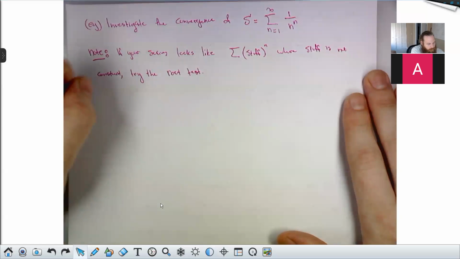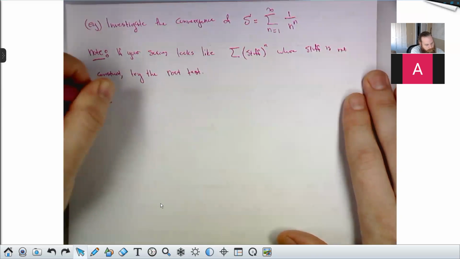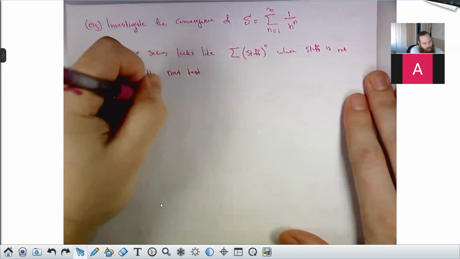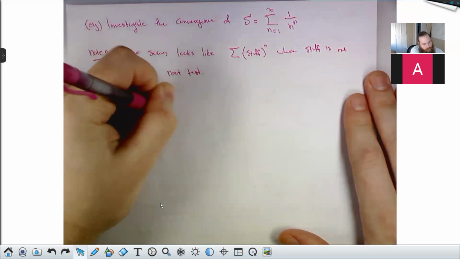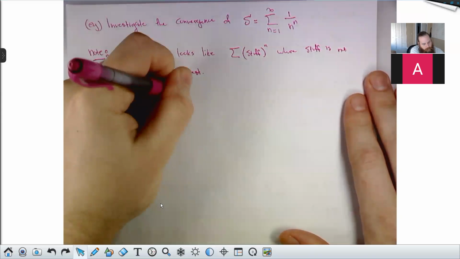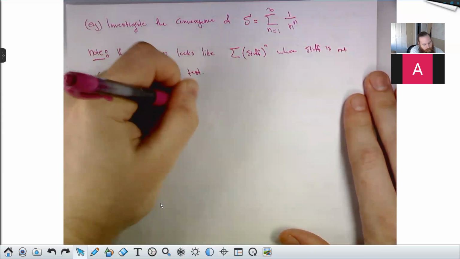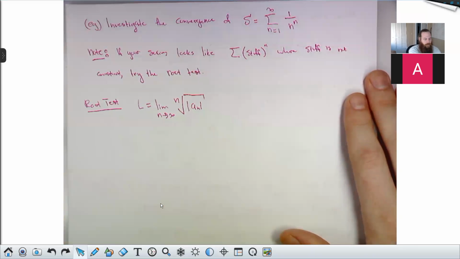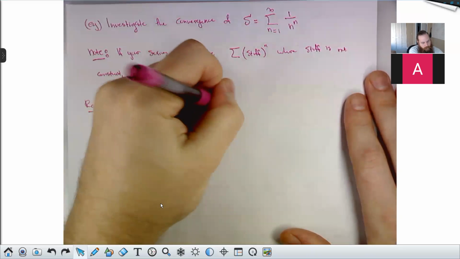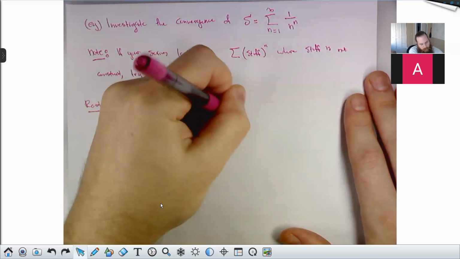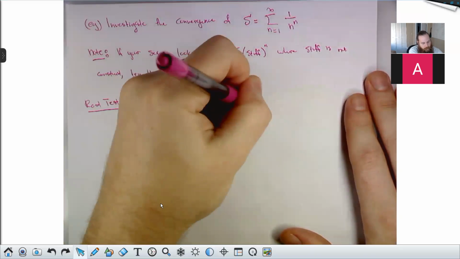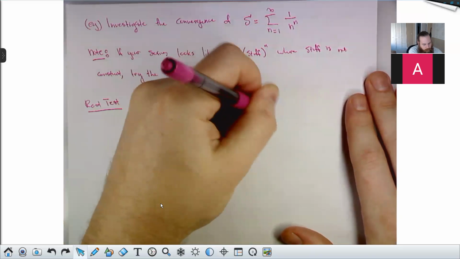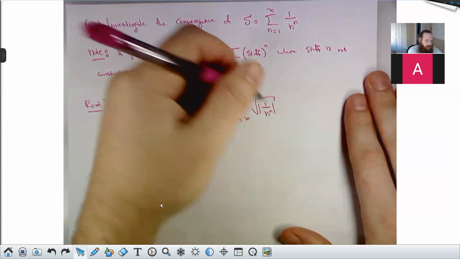In this case, if I run the root test, L is the limit as n goes to infinity of the nth root of the absolute value of a_n, that is the limit as n goes to infinity of the nth root of the absolute value of 1 over n to the n.